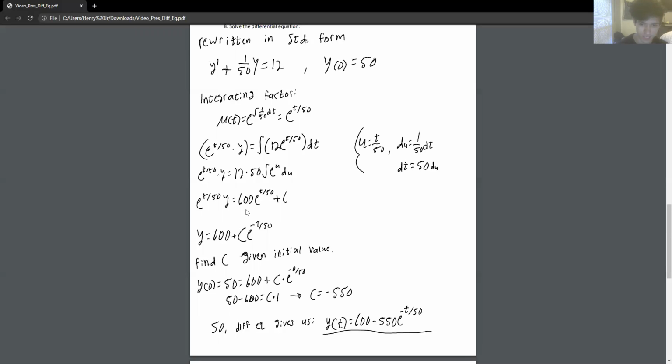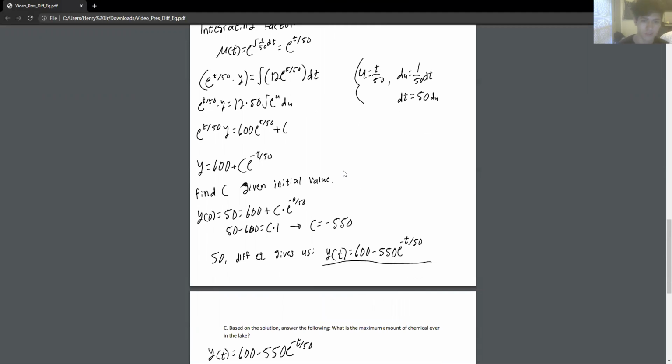And now we need to isolate y, so divide every term by e to the t over 50, giving us y equals 600 plus c times e to the negative t over 50. So now we do have the initial value. We can find c.